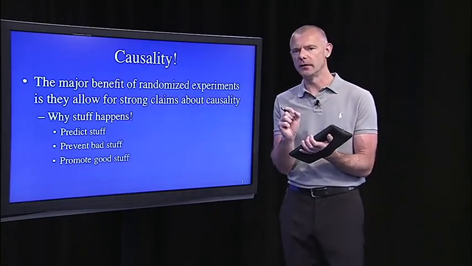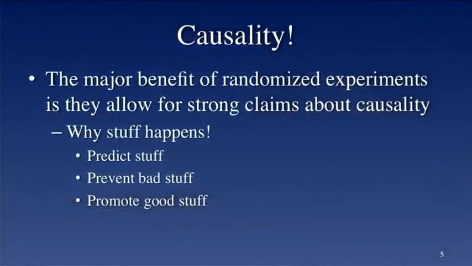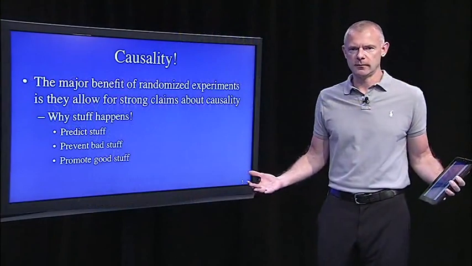The major benefit of randomized experiments is they allow us strong claims or strong arguments about causal mechanisms. My whimsical phrase for this in my lectures at Princeton is they allow us to say something about why stuff happens.